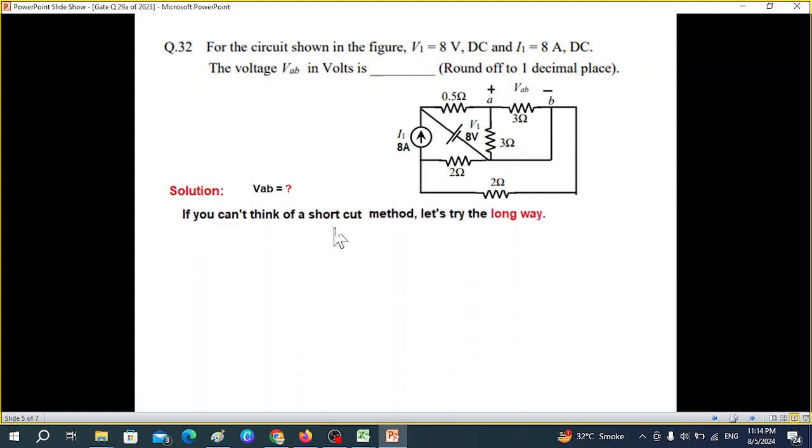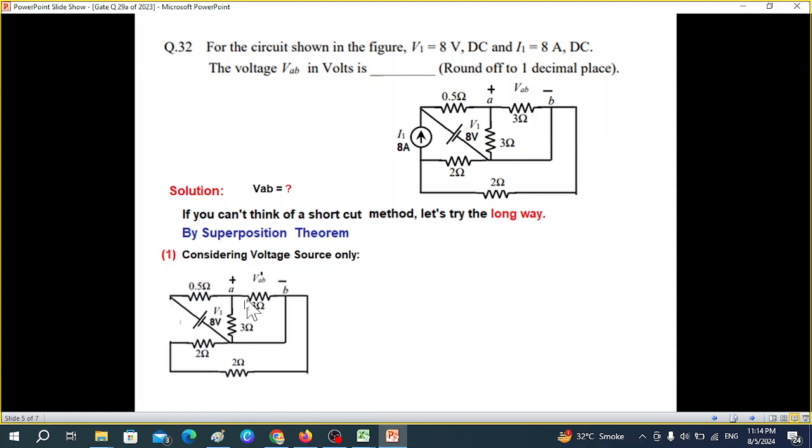So if you can't think of a shortcut method, let's try the long way, that is the superposition method. Considering voltage source only, the current source will be 0, and current source is 0 when we cut it off. So this will become the circuit. And from here, couple of things.